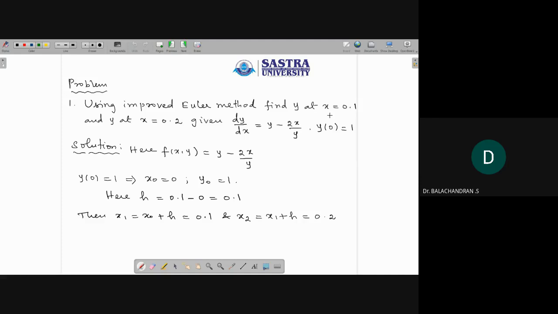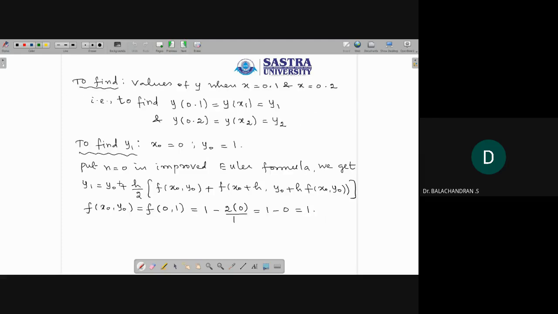You should substitute n equal to 0 in the improved Euler's formula, and you can get y1. So y1 equal to y naught plus h by 2 into f of x naught comma y naught plus f of x naught plus h comma y naught plus h into f of x naught comma y naught.